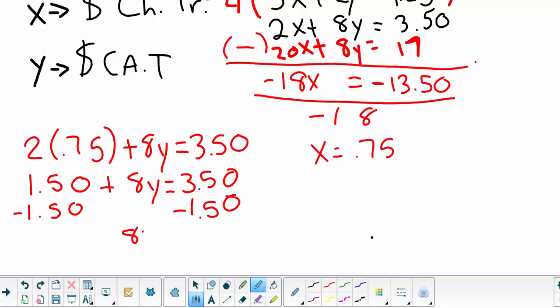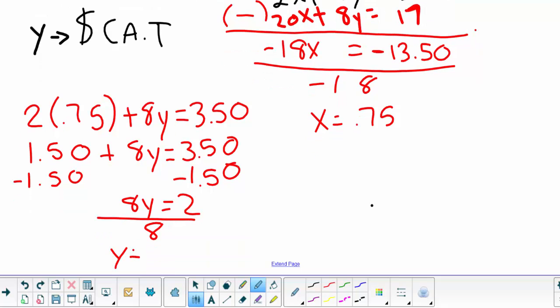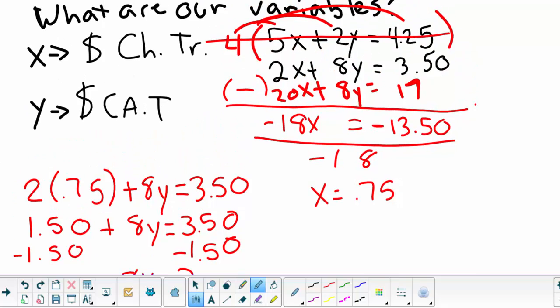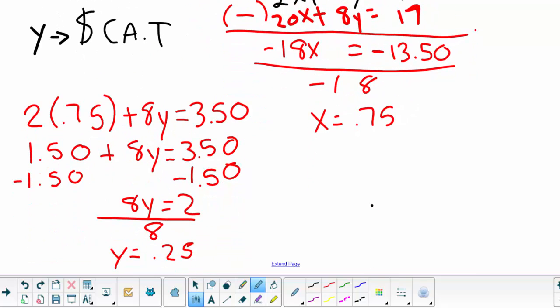So we've got 8y equals $2, right? We divide everything by 8, and that gives us y equals 0.25. So now we know that our chocolate truffles are 75 cents and our caramel turtle candy is 25 cents.